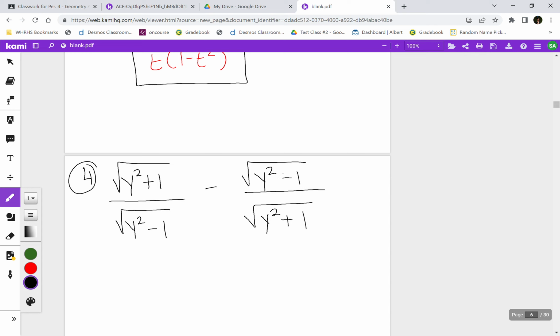Hey, what do I tell you to do before you decide on a common denominator? What must you do? Rationalize the denominators. Before you choose a common denominator, you must rationalize the denominators. This one's a little hard. I'm curious to see how you do with it.